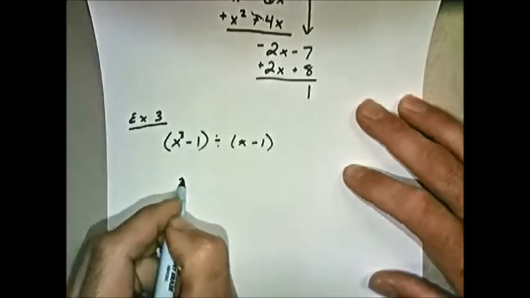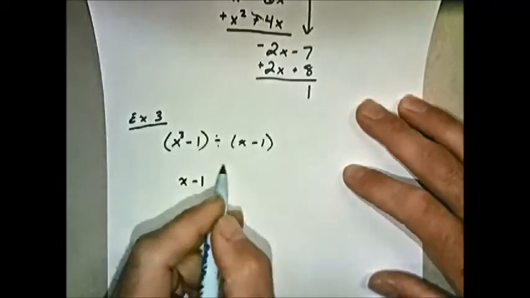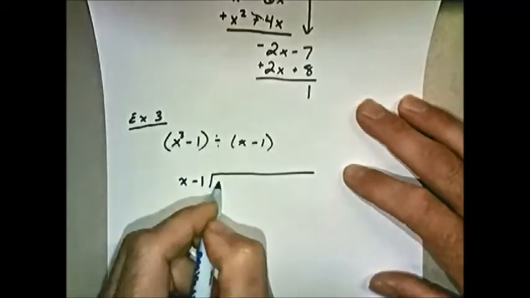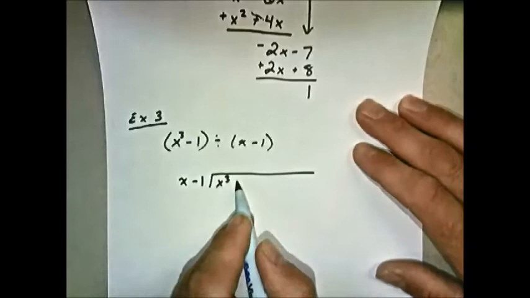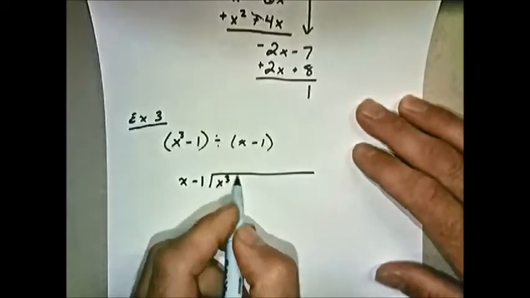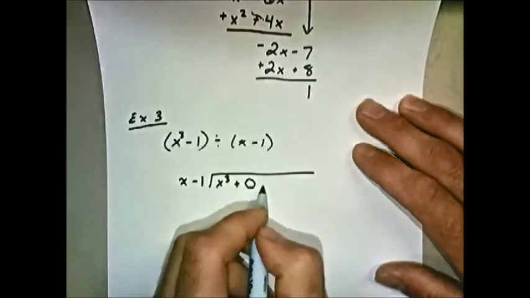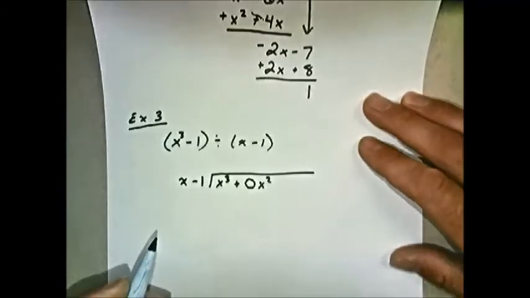So when we write it out, we have our x minus 1, and we're divided into x to the third. We need to insert our quadratic term. So the way we're going to do that is plus 0 x squared.